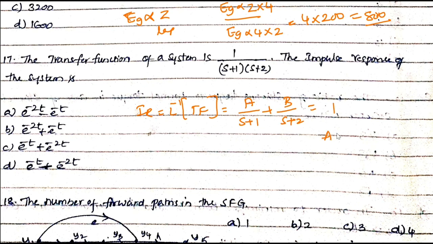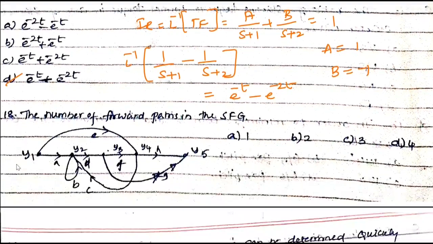You'll get A equal to plus 1 and B equal to minus 1. Again applying the inverse Laplace transformation of 1 by (s plus 1) minus 1 by (s plus 2), you get e power minus t minus e power minus 2t. Answer will be t here. I'm not going to discuss each and every question in detail, I'm just giving the hint. You can find all the questions in my previous videos.